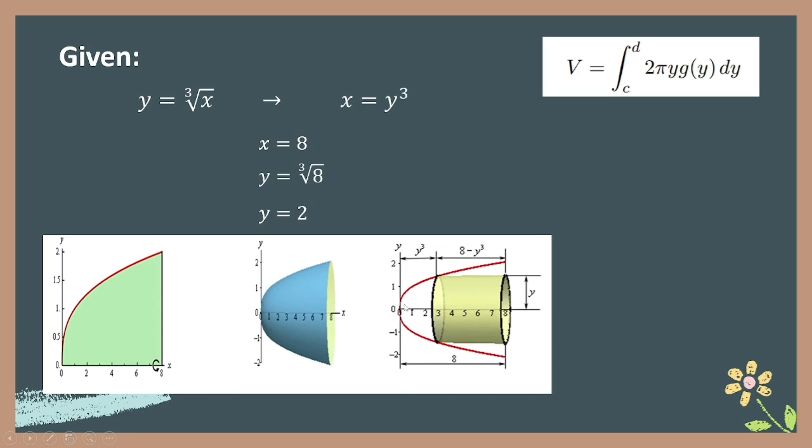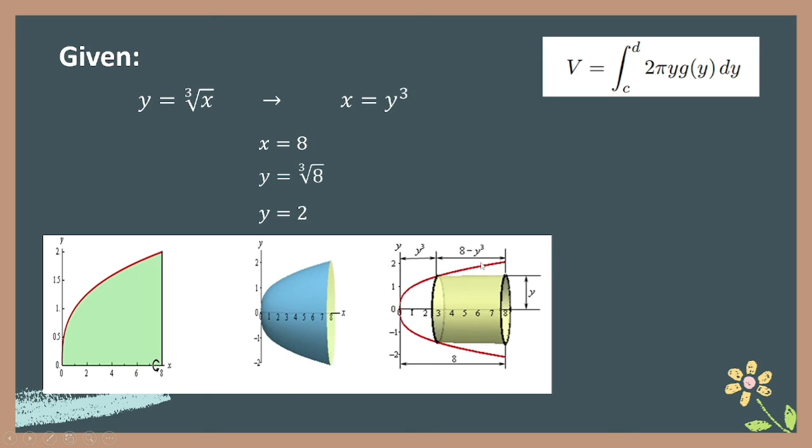So the unknown here is our height. From the given, we have x equal to 8 here, and then y equal to 2. So the graph only goes up to 2.